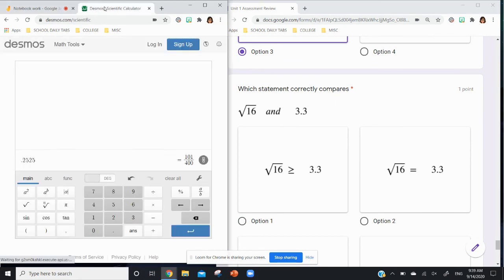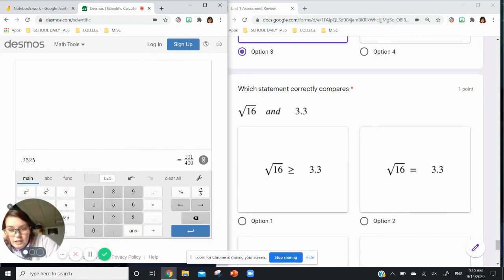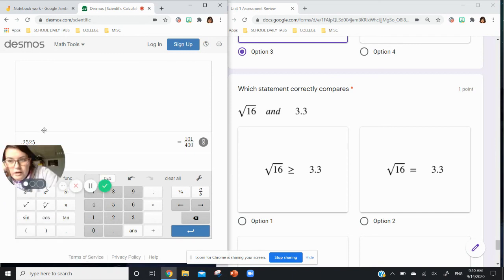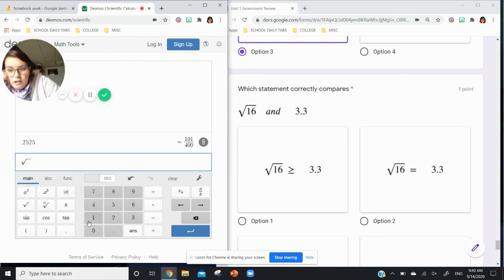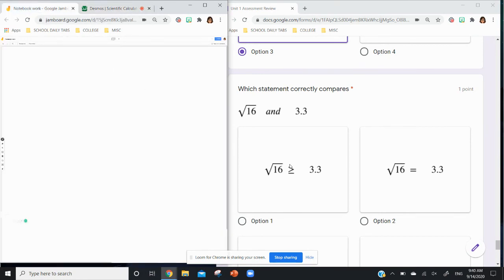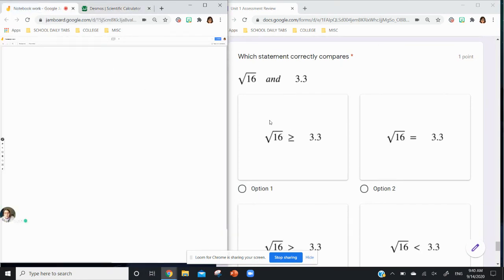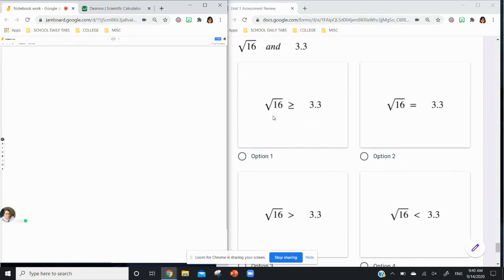Well, the square root of 16 is 4. So I want to know how 4 and 3.3 relate to each other. Well, 4 is bigger than 3.3, so I'm looking for a greater than sign.